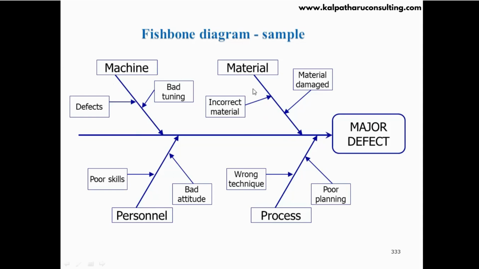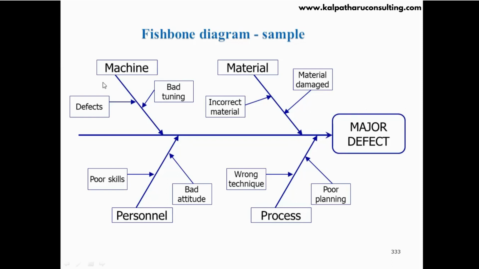When it comes to material, you may ask: what are the defects contributing from the material? Maybe a damaged material is used. Somebody may say an incorrect material is used, that is why the major defect. Or somebody may say there is an incorrect combination.